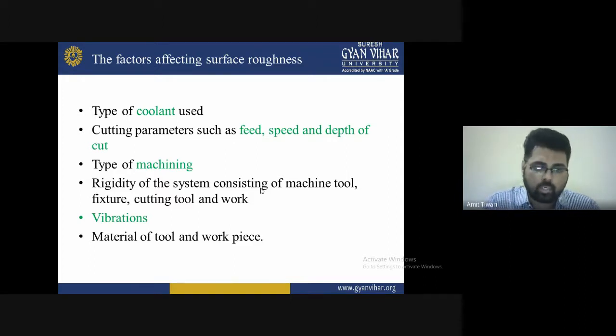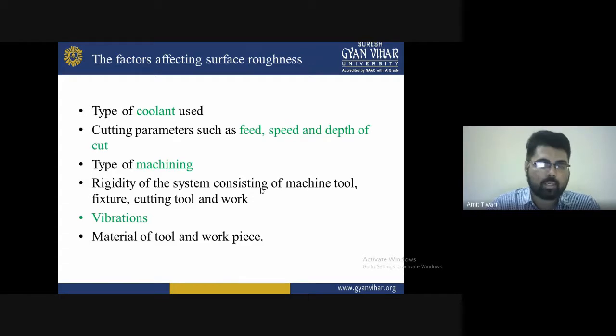So it is difficult to cut. For making it easier for the tool to cut the workpiece, you must select a tool material that is much harder than the workpiece, which is a desirable property. This is a desirable property for any material.